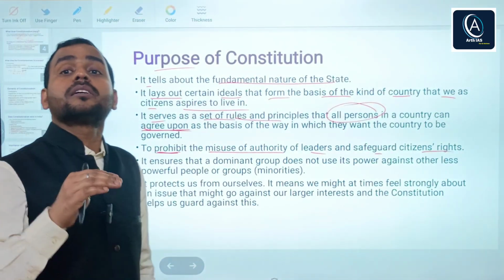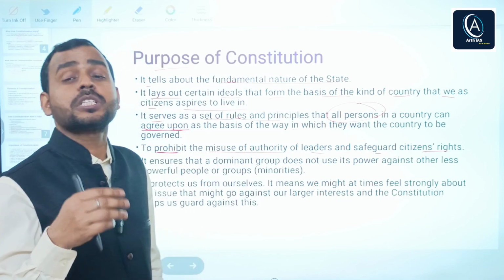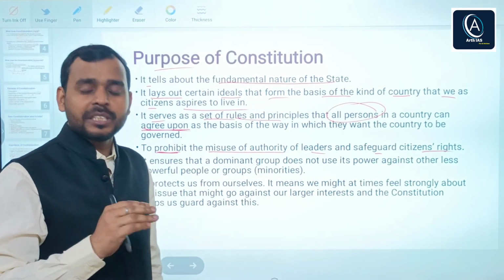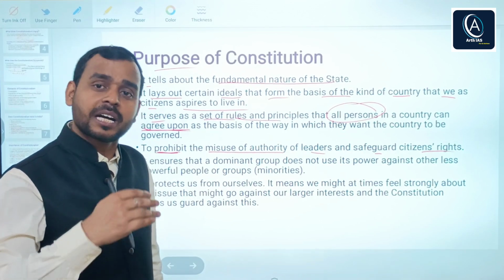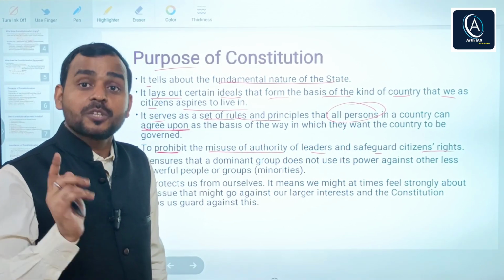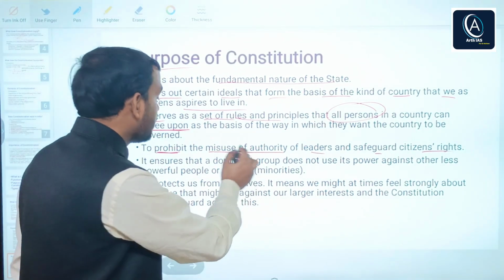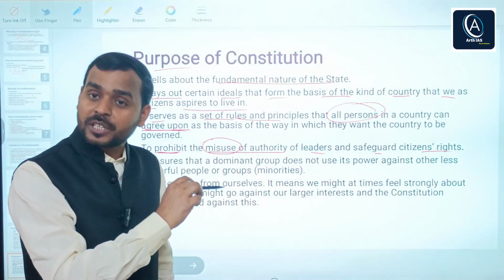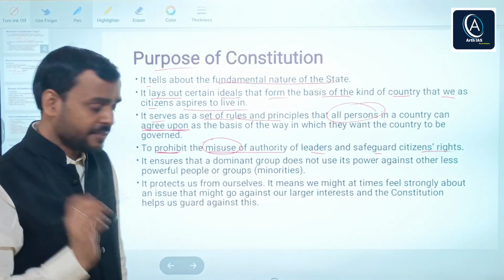For example, if the government, whether central or state, has imposed emergency, you would know that during emergency the fundamental rights of citizens are compromised. So they can knock on the door of the judiciary. The constitution checks the misuse of authority of leaders and safeguards the citizens' rights.